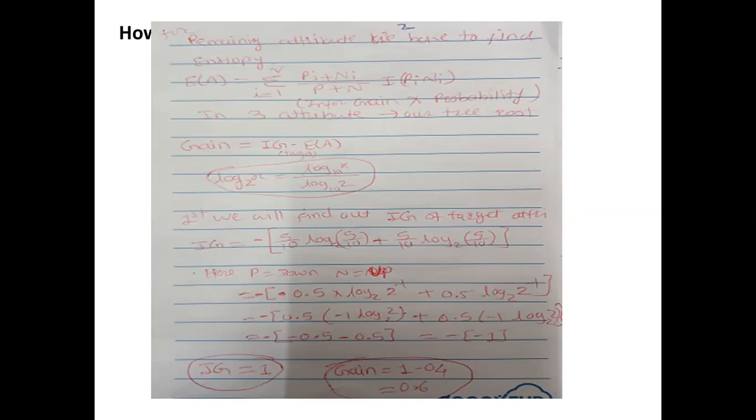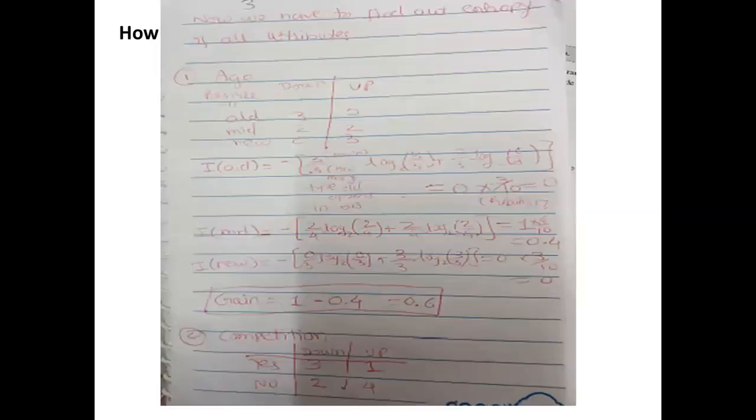Okay. Now, once we get the information gain of the target attribute, we have to find out the entropy of the remaining attributes. Here we'll find out the entropy of each and every attribute. We have three attributes, and the first attribute that we are considering is the age.